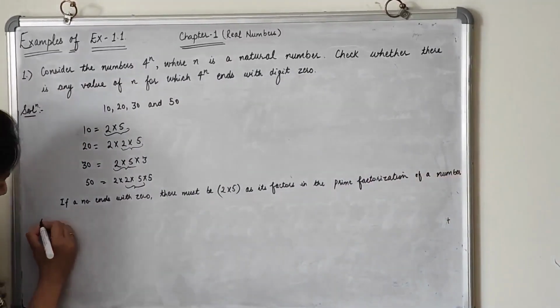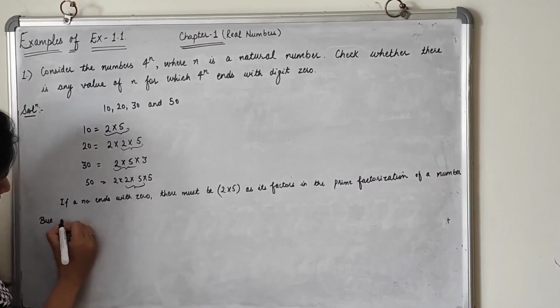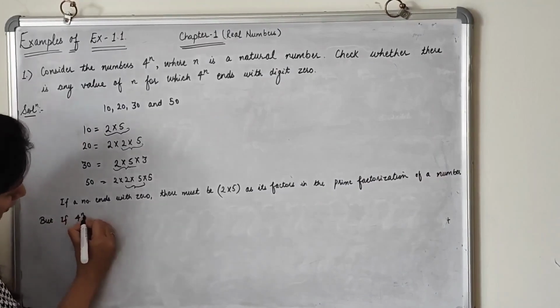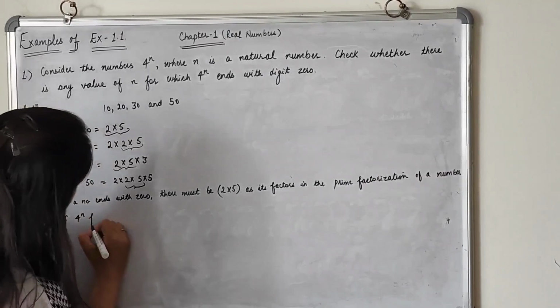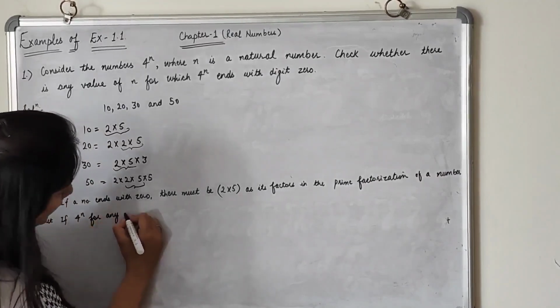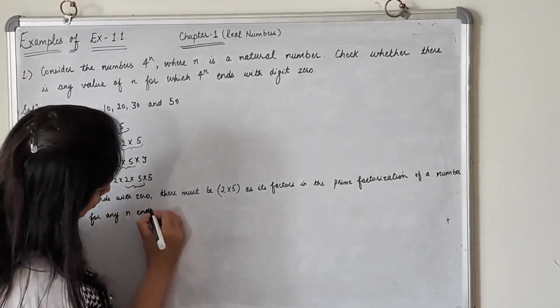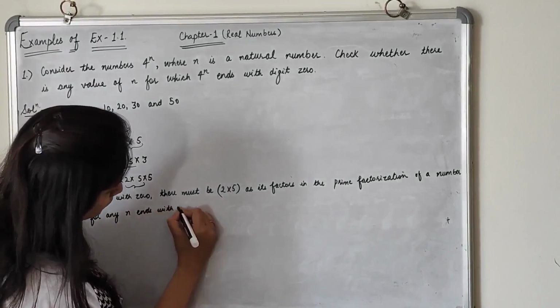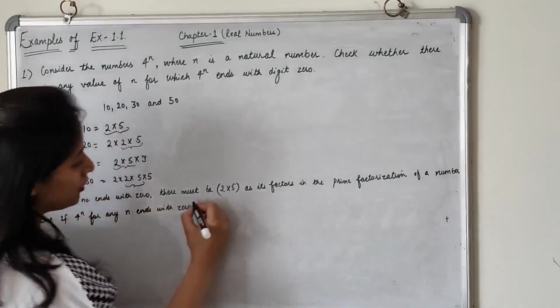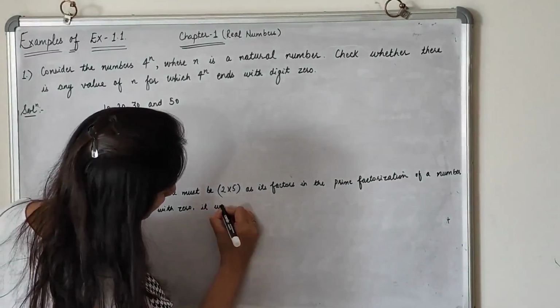But if 4 raised to power n for any natural number n ends with 0, it would be divisible by 5.